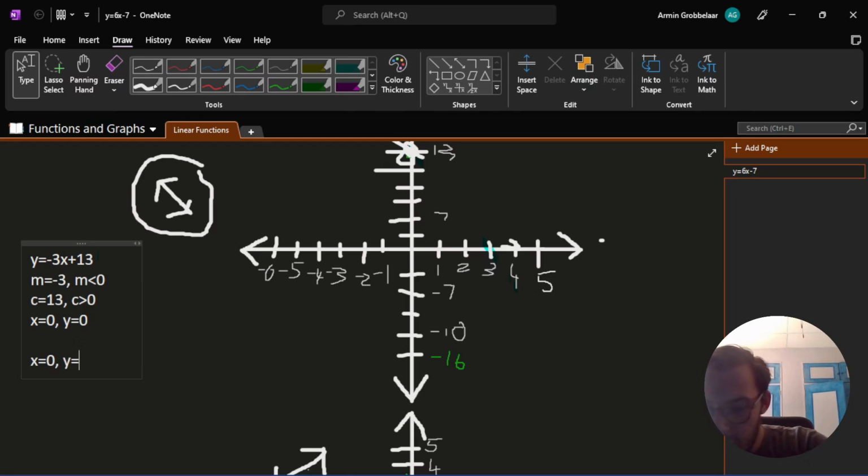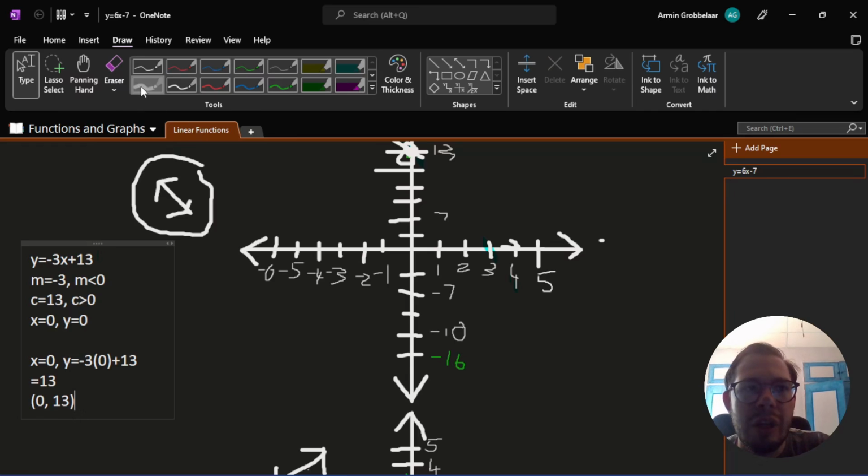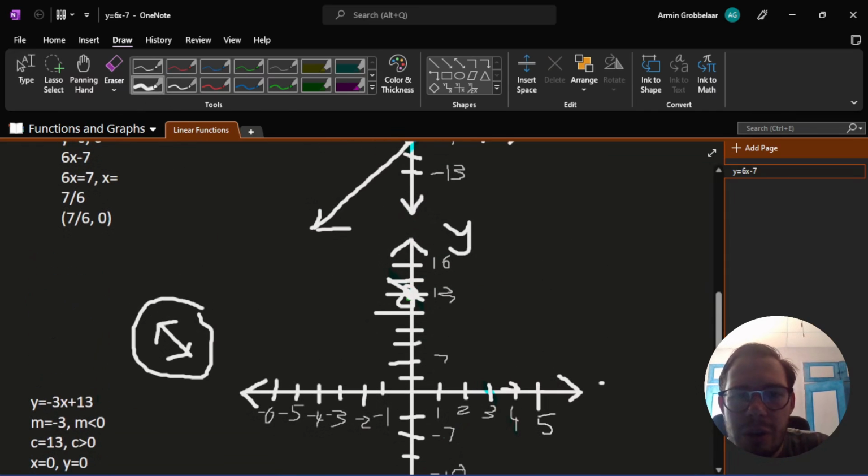So y is equal to minus 3 times 0 plus 13, so y is equal to 13. So our first point is (0, 13). Now to draw that in, we go to 0 and 13 there.